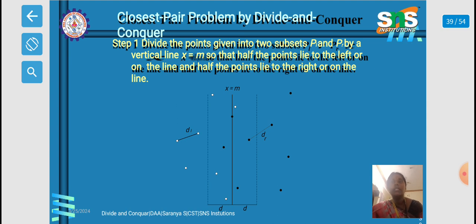If 2 less than or equal to n less than or equal to 3, the problem can be solved by the obvious brute force algorithm.